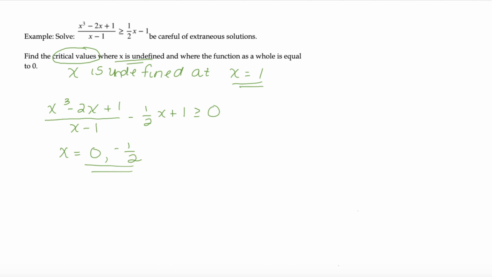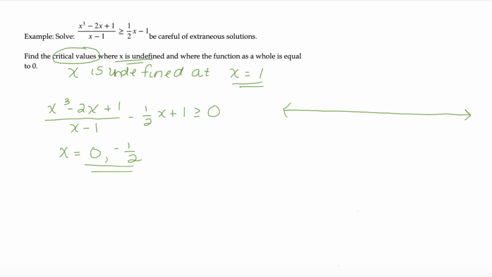Once I have my critical values, I'm going to create a table or a line, if you will. I'm going to create an x-axis to help us identify where our graph is positive or negative.